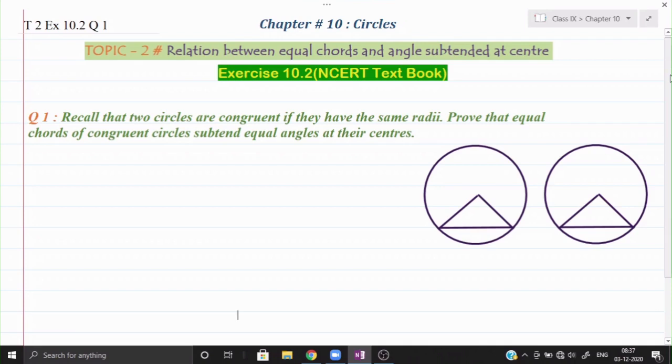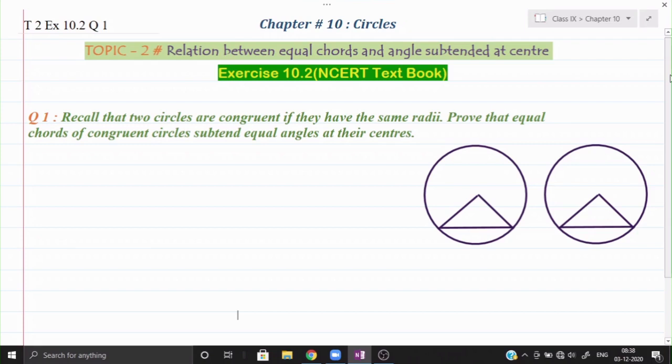If you see, this question looks very much the same as the theorem we have covered. But in that theorem we have taken only one circle. Means in one circle only two chords we have taken, and both the chords were making the equal angle. Then we have proved the chords are equal, and if the chords are equal, we have proved they made the angle at the center same.